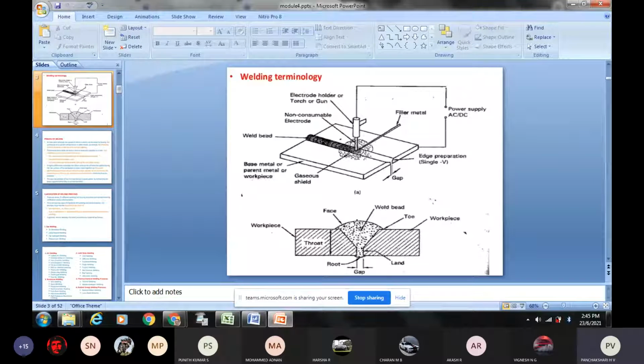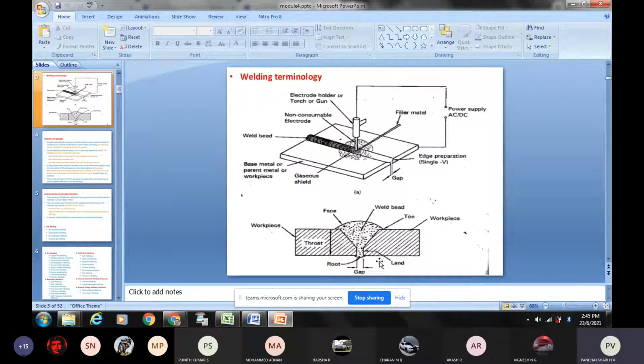Therefore, we have to chamfer, that is, cut the material like this, preparing a groove so that there is sufficient opening, a provision for filling of liquid metal during the welding process.